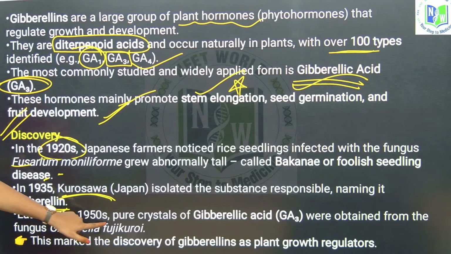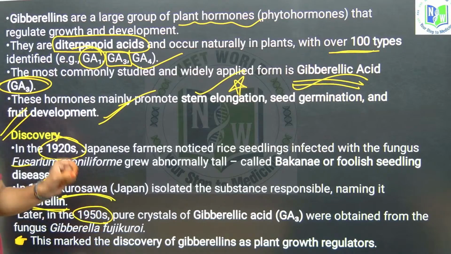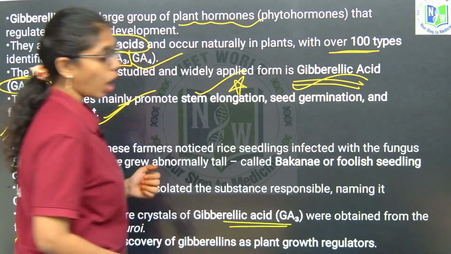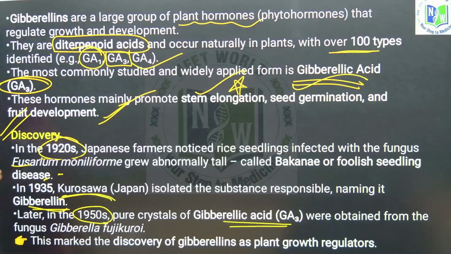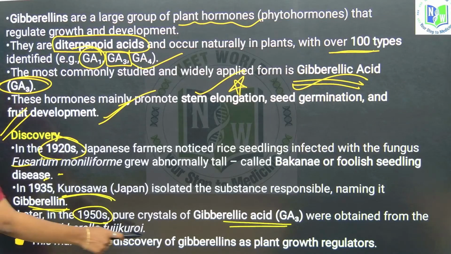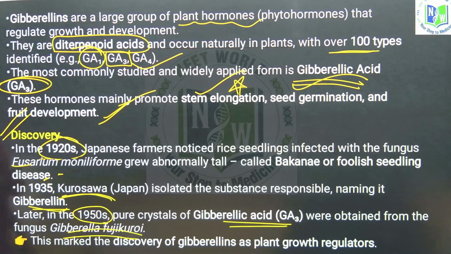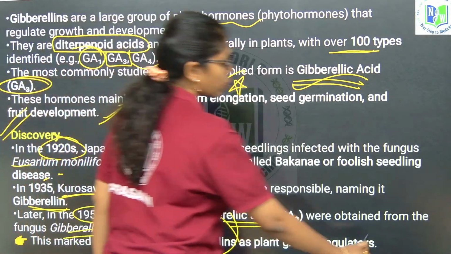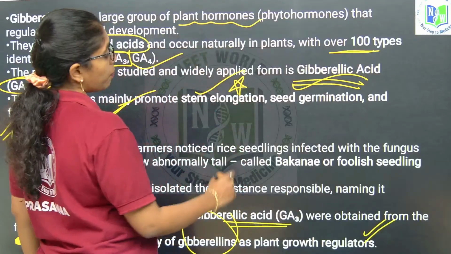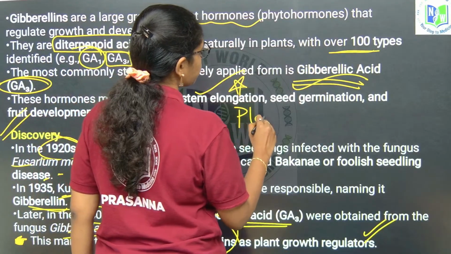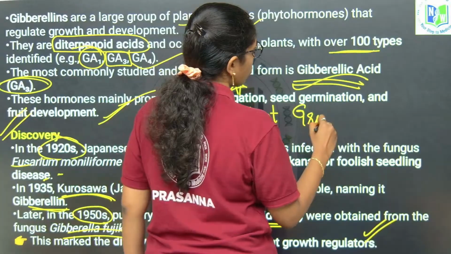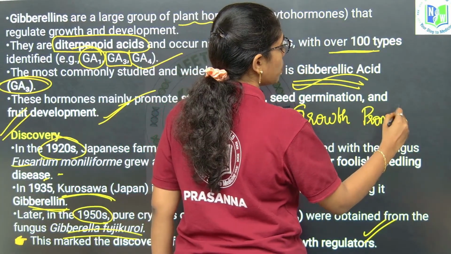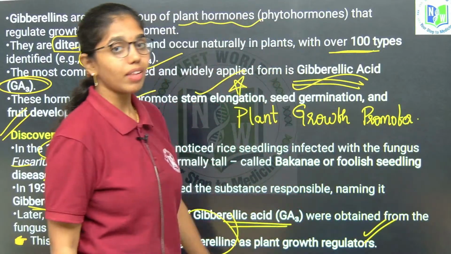Later in the year 1950, pure crystals of gibberellic acid were obtained from the fungus Gibberella fujikuroi. With this marked the discovery of gibberellins, which is a plant growth regulator, that is, a plant growth promoter. So, this is the basic introduction and discovery of gibberellins.